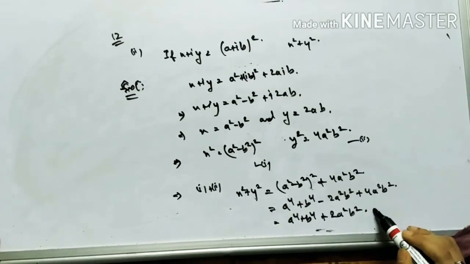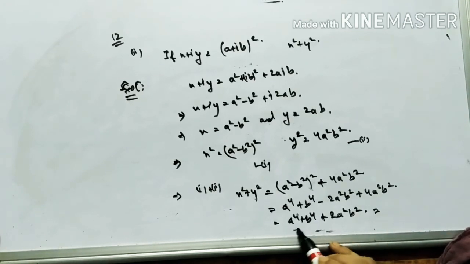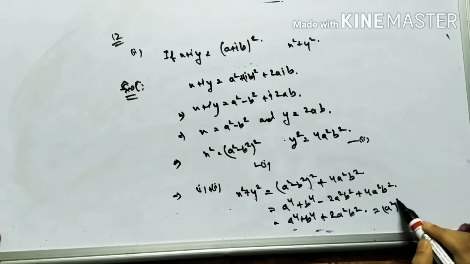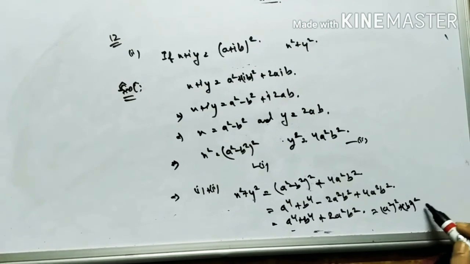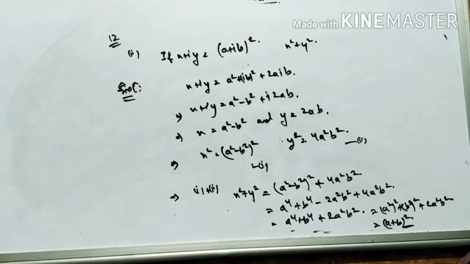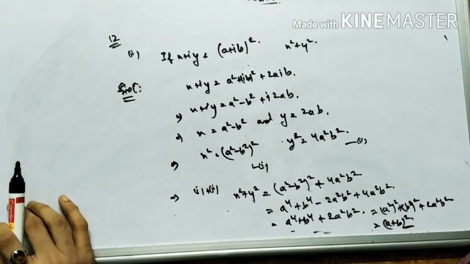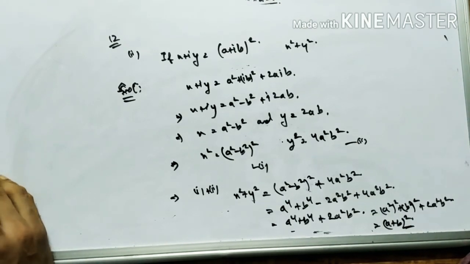So you see, I can write it as (a square) the whole square plus (b square) the whole square plus twice a square b square, which is equal to (a plus b) the whole square. Let me check the back answer here.